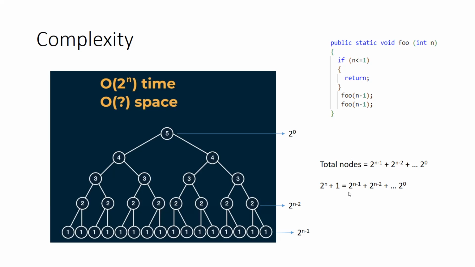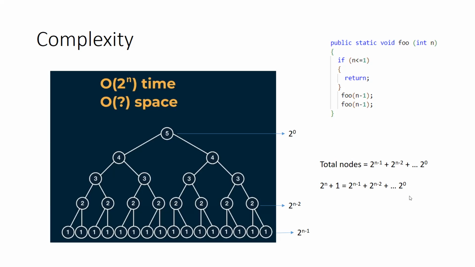Okay, so I know that the total number of children that I encounter in this case is upper bounded by 2 raised to the power n, which in this case will be 1 plus 2 plus 4 plus 8 plus 16.